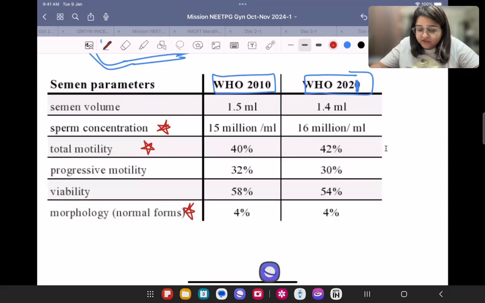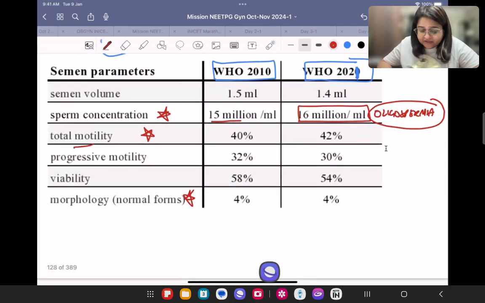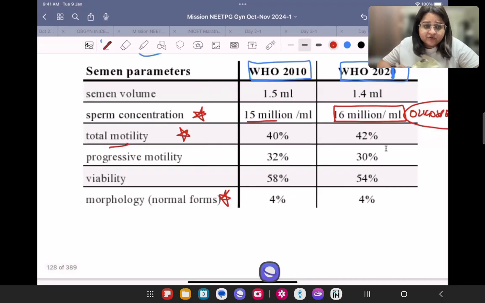What is sperm concentration? What is the normal value? It used to be 15 million. Now it is less than 16 million per ml is called as oligospermia. So if the count is less than 16 million, it is called as oligospermia. Okay. Next we look at is the motility. Now in motility, you have different types of motility.